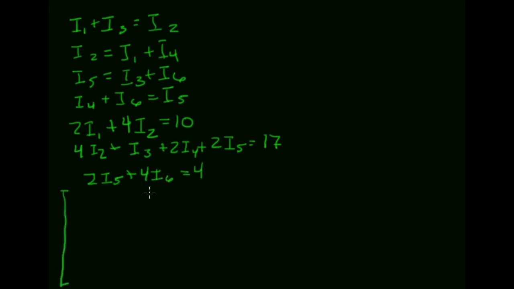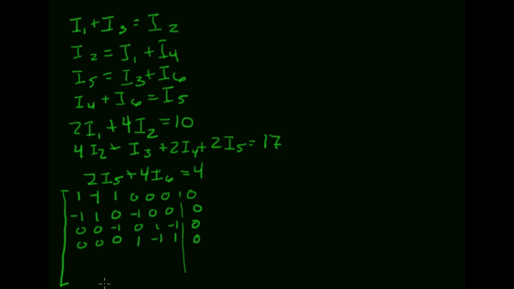All right, so you can balance each of those equations. You're going to get the following matrix: 1, negative 1, 1, 0, 0, 0, 0, negative 1, 1, 0, negative 1, 0, 0, 0, 0, 0, negative 1, 0, 1, negative 1, 0, 0, 0, 1, negative 1, 1, 0, 2, 4, and then 4 zeros gets me the 10 volts. 0, 4, 1, 2, 2, 0 gets me the 17 volts.